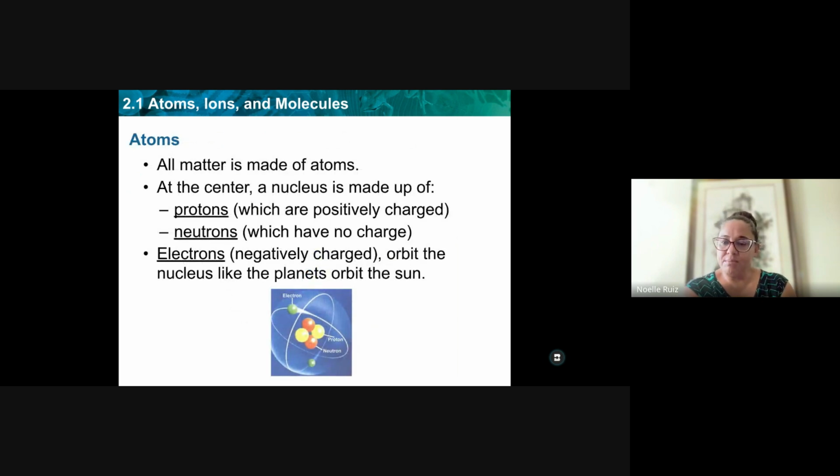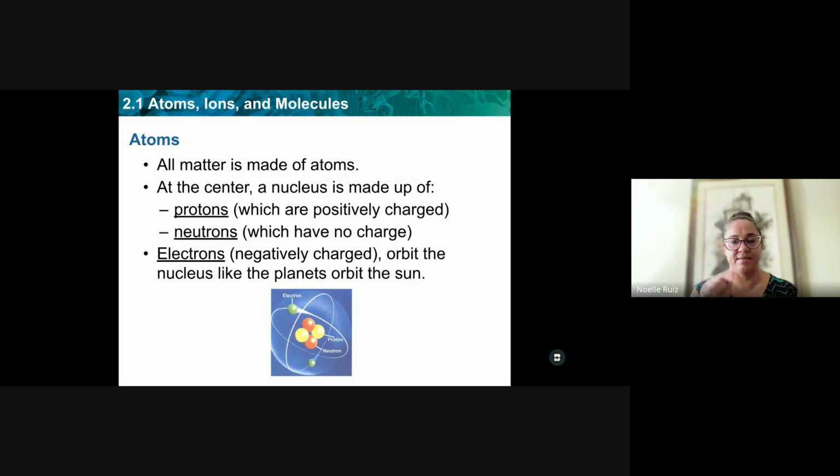So like we said, all matter is made of atoms. At the center, a nucleus is made up of the protons and neutrons. I just said in the picture, the protons are positively charged. That's why it has a little plus sign after it. Neutrons have no charge. They are neutral. And then electrons are negatively charged. That's why that had a little minus after it. And electrons orbit the nucleus, like the planets orbit the sun.